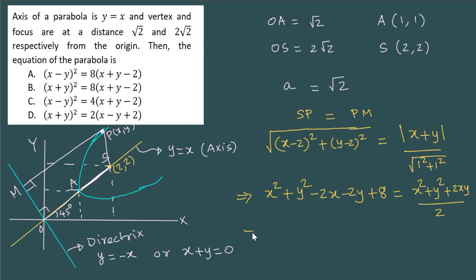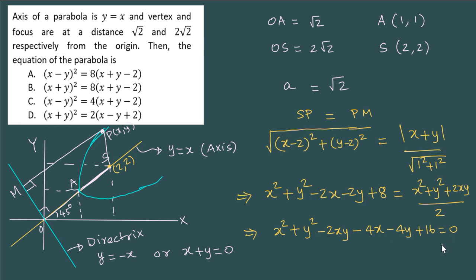Now if I bring this here, I have 2x square, 2y square, so let's clean it up a little: x square plus y square will be left, and I can bring this 2xy to the left, so that is minus 2xy, and we have this minus 4x minus 4y plus 16, so this is 0.